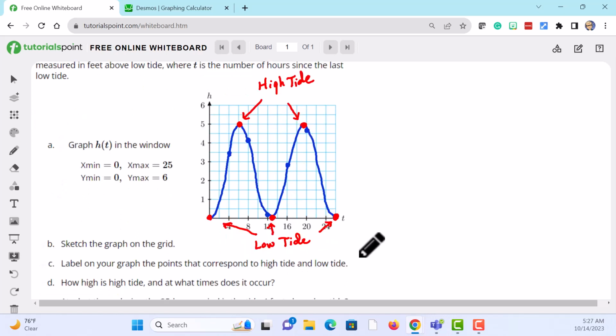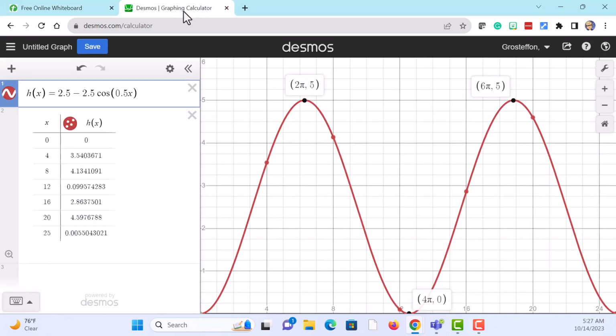Part D asks us, how high is high tide, and at what time does it occur? We already looked at that earlier. High tide occurs at 2 pi, 5 and 6 pi, 5. 2 pi is a little bit more than 6, and 6 pi was just a little bit less than 19.